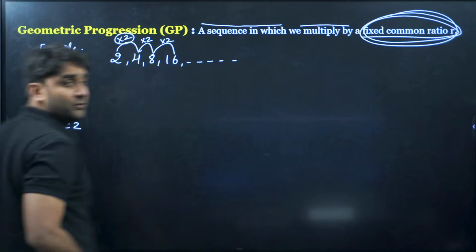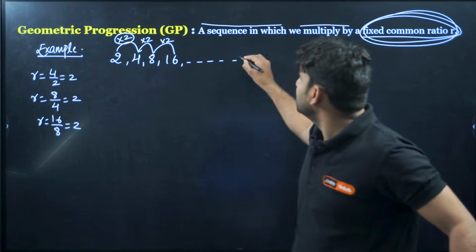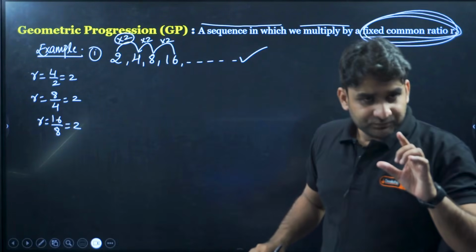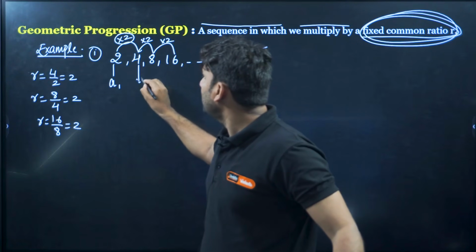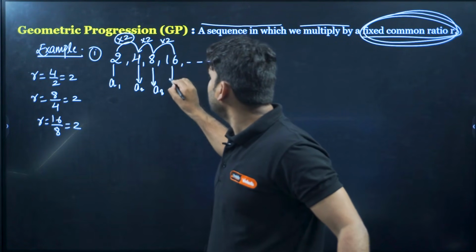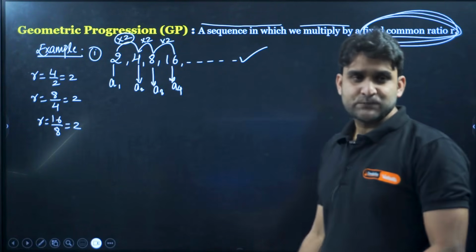Wow, so the common ratios are the same, and that's why the given sequence is a GP. This was the first example. Clear everyone? This is called the first term, this is the second term, this is the third term, and this is the fourth term, and so on. Clear everyone?